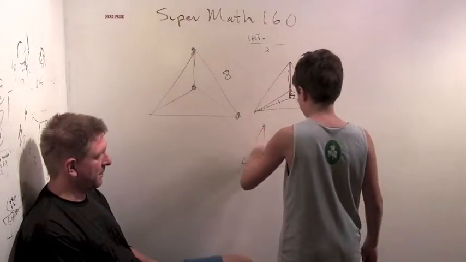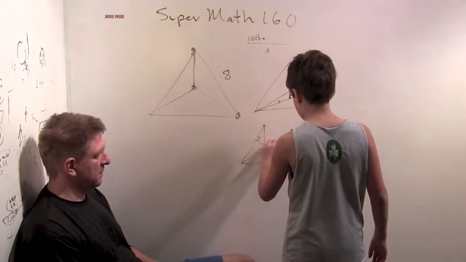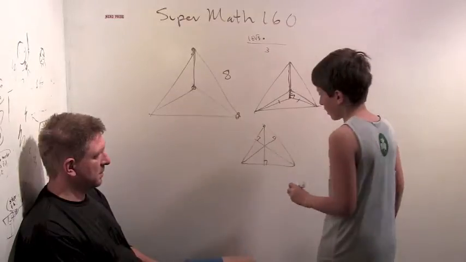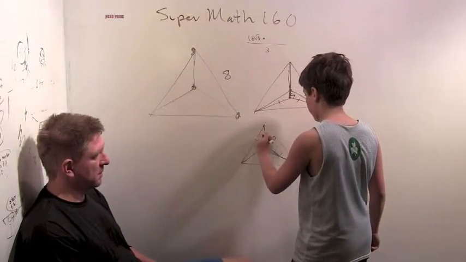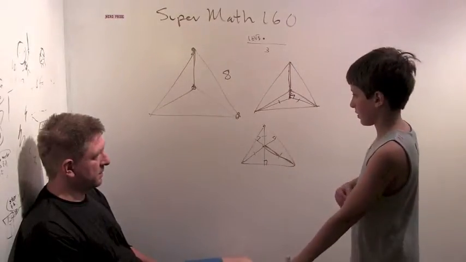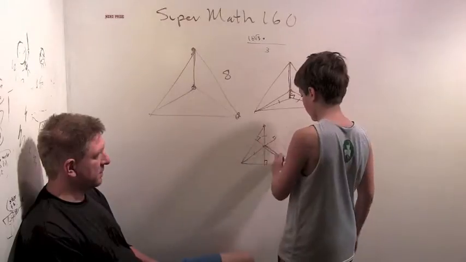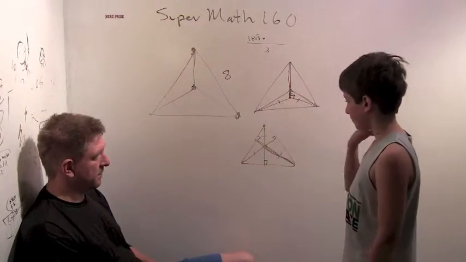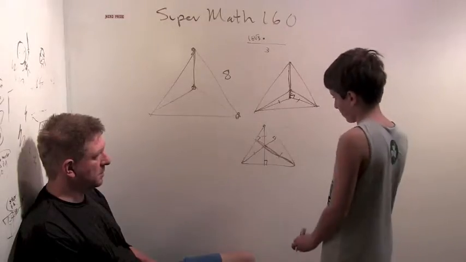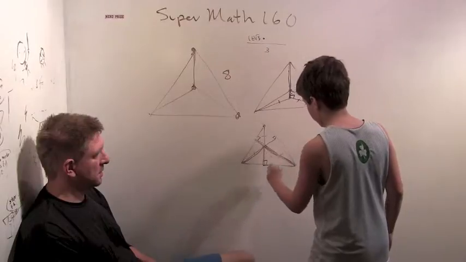So, here are the medians. And this is the distance we're trying to figure out, which is equal, these three distances are equal. And we know the whole distance, this whole height, is 4√3. So, if we look at this triangle, it's this triangle that we need to look at.